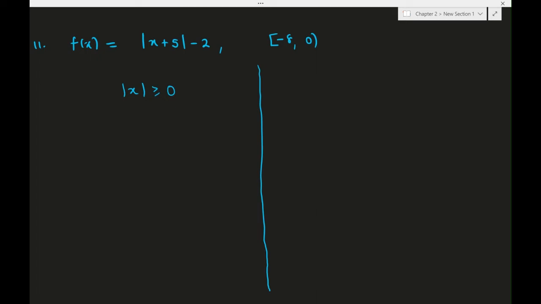This is always true for absolute value. So this also means that even if you add 5 there, it's still going to be greater than or equal to 0. Because there is an absolute value, you can even begin from here. Absolute value of x plus 5 is always non-negative.